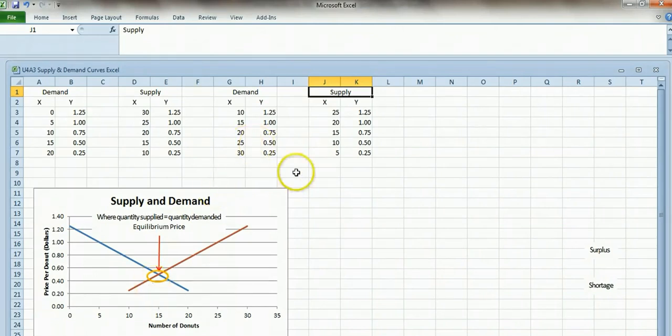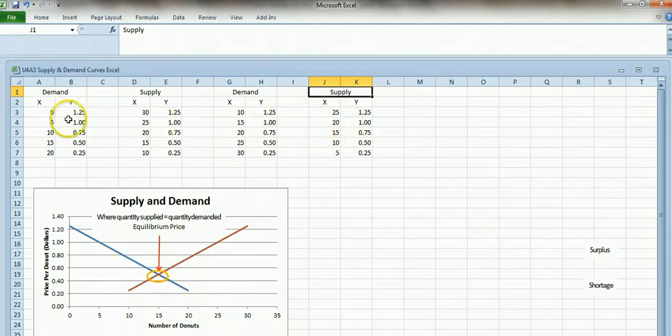So in your assignment for Unit 4A3, the supply and demand curves from Jelly Donuts, they're going to give you another scenario, and in that scenario they're going to say that demand has increased by 10 and supply has decreased by 5 units.